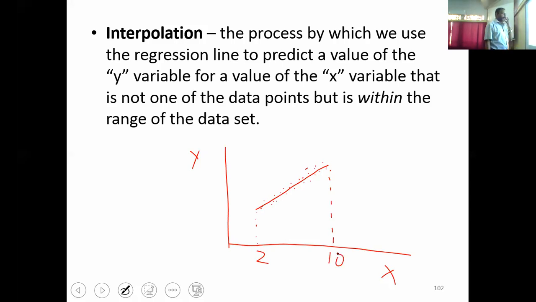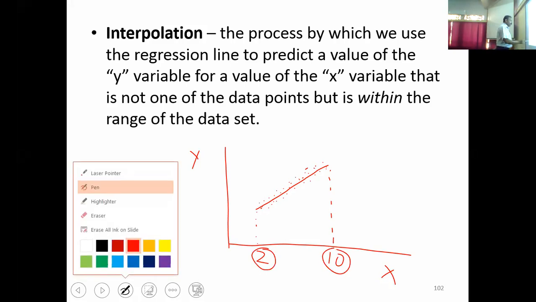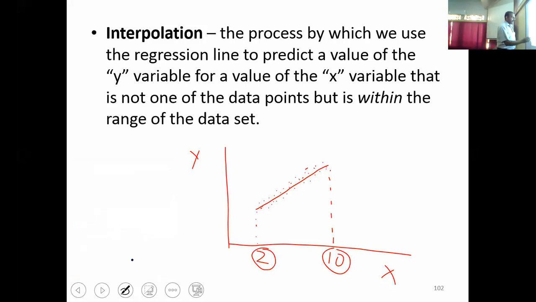Just take an example. These are observed values, and the x range is from 2 to 10. If I want to predict a value, I can predict a value at any x point in between 2 and 10.